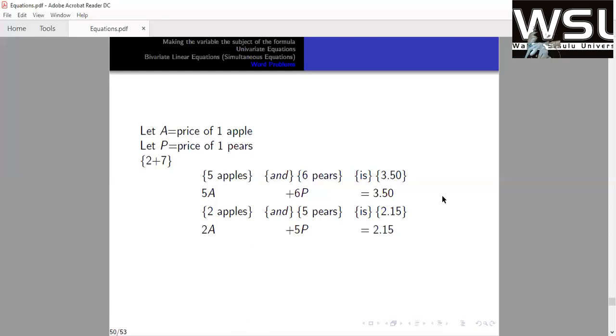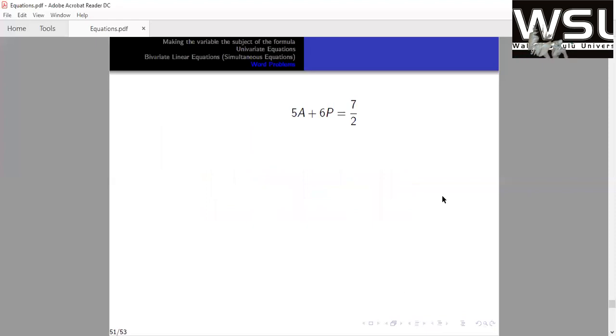And then, since we're solving for A and P simultaneously, these are your equations. You convert 3.5 to 7 over 2. You convert 2.15 to 43 over 20.